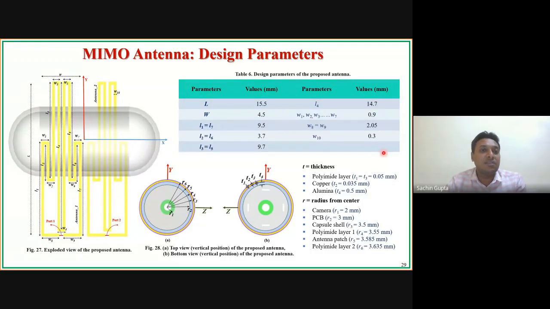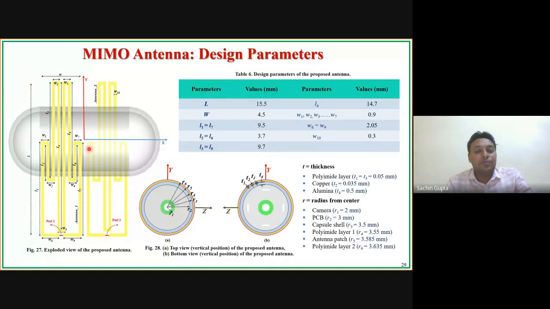The only thing is, instead of taking one element, here we have taken two elements so that it can completely cover the capsule part. Because in the SISO antenna system, it will only partially cover the body organ. So here you can see it is 360-degree covering the capsule part.